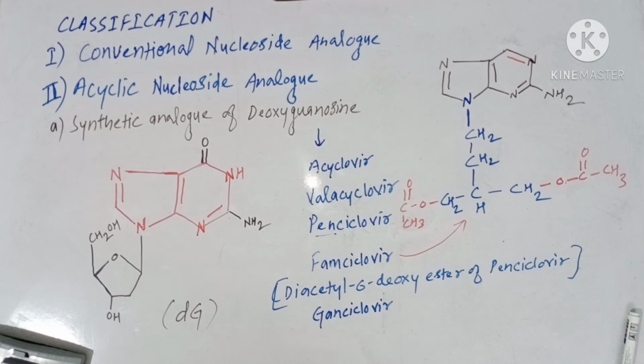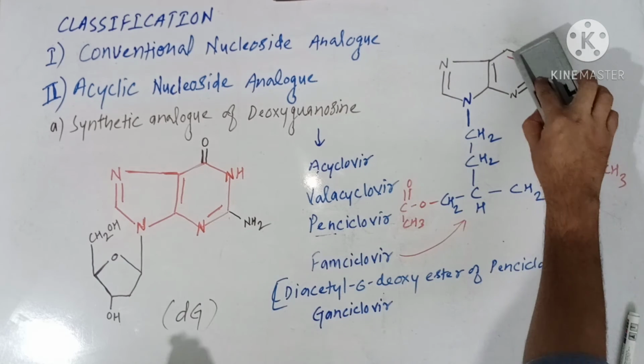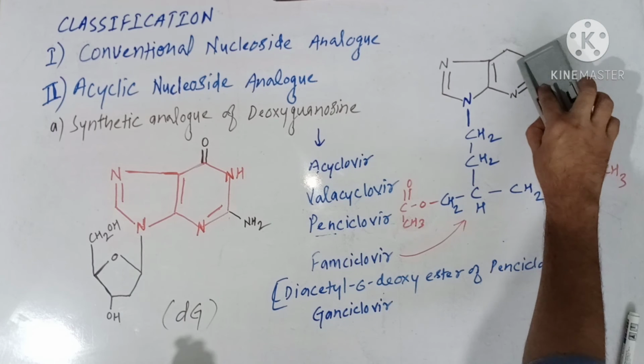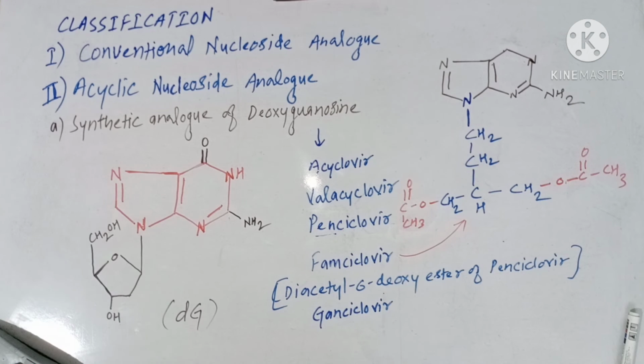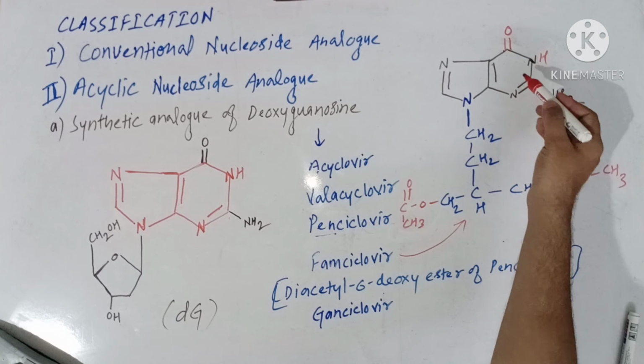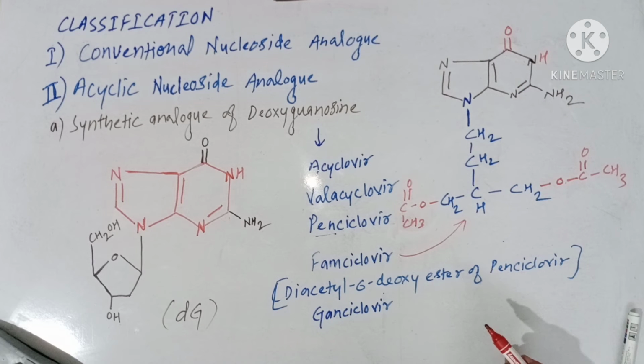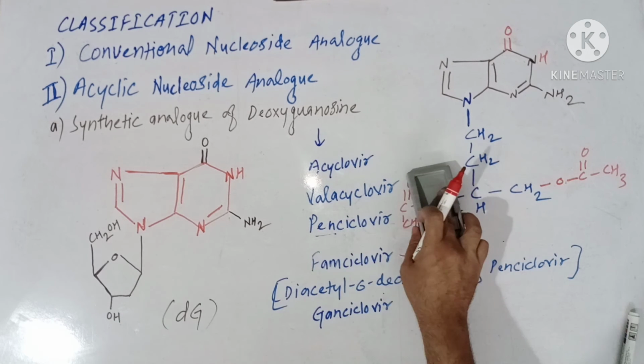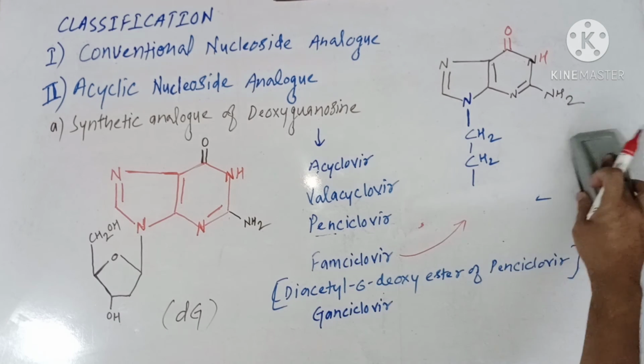Now another latest drug which is developed is your ganciclovir. So what will this ganciclovir have in its structure? Actually again this ring becomes your guanosine. So ganciclovir will have the same guanine nucleus in its structure, and this drug only has changes at this position.